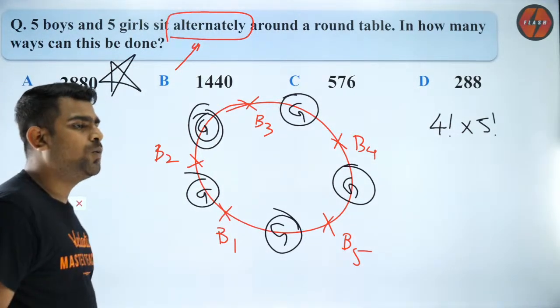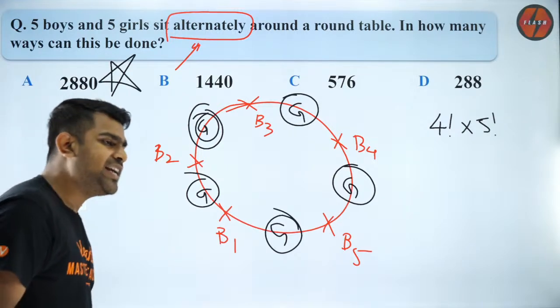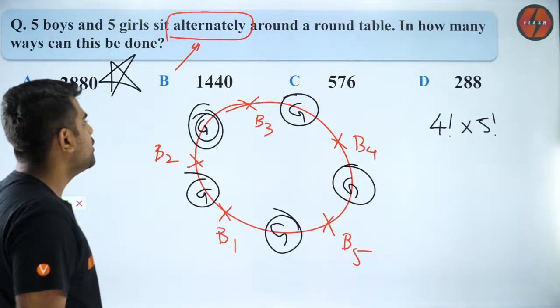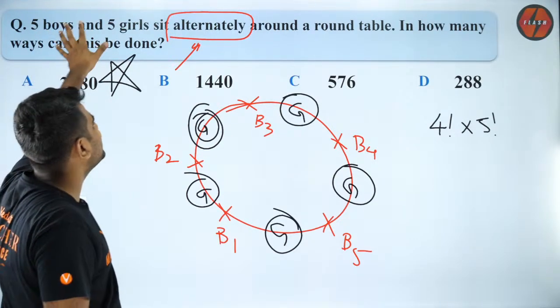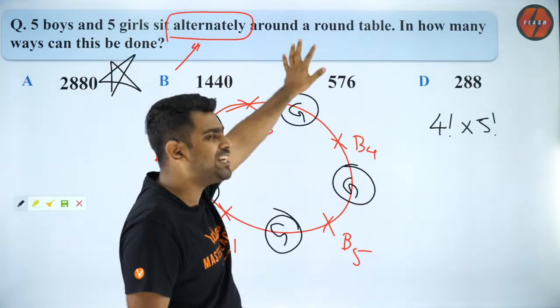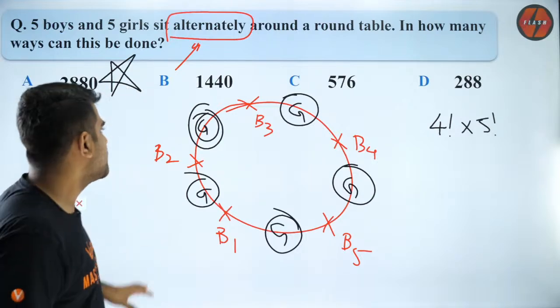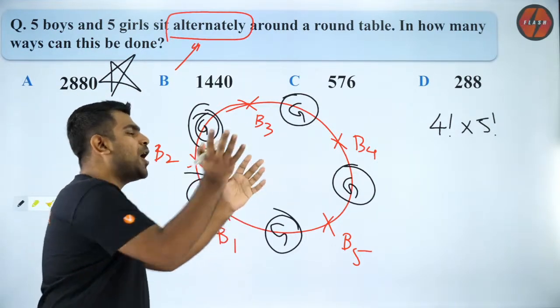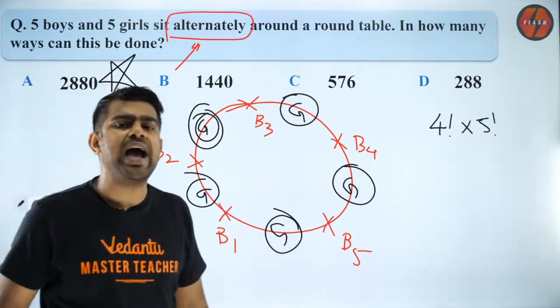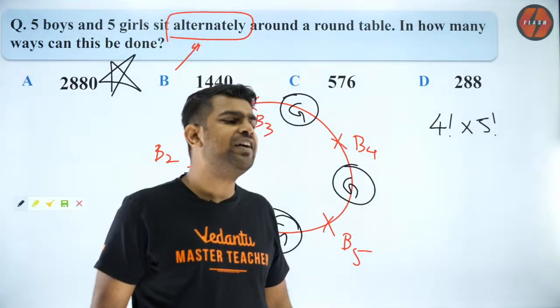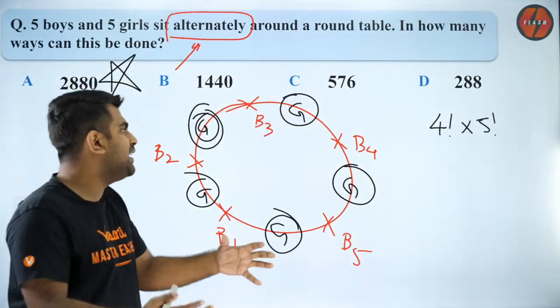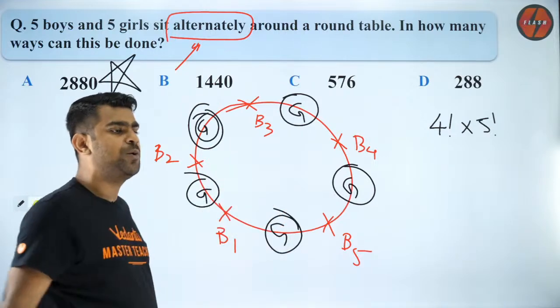So Govardhan, what I did was, yes Shreya, I will explain it. We want the boys and girls to sit alternately around a round table. So first I want to make the boys sit down. I am using the gap method. Whenever we want to use the gap method, we first have to make one of them sit down, right?